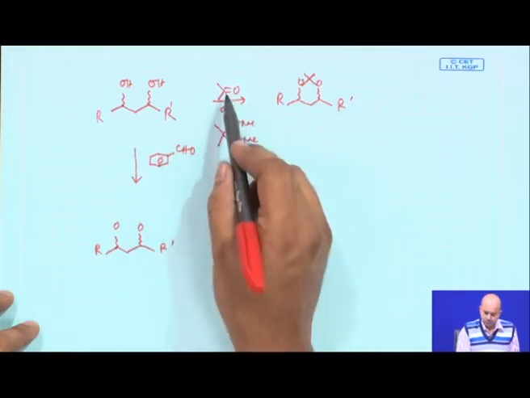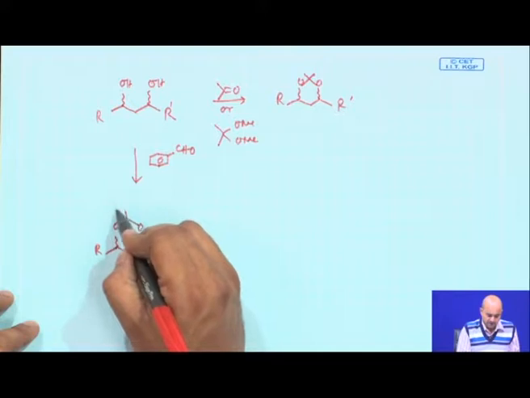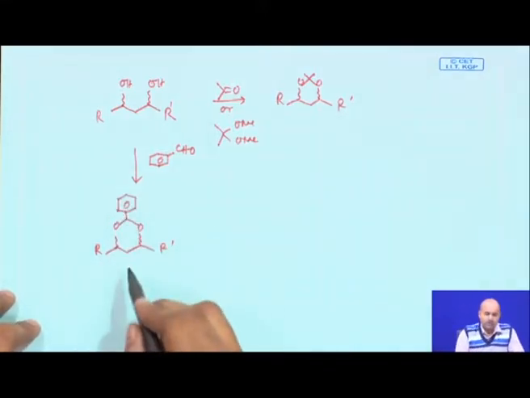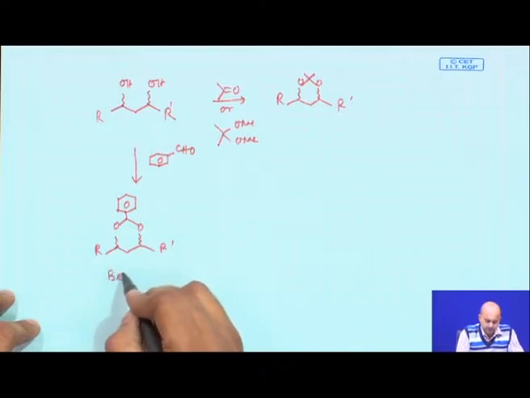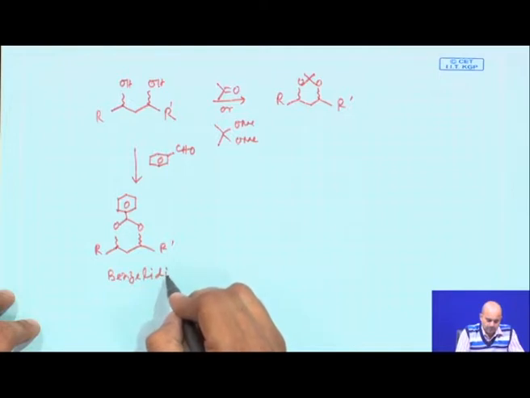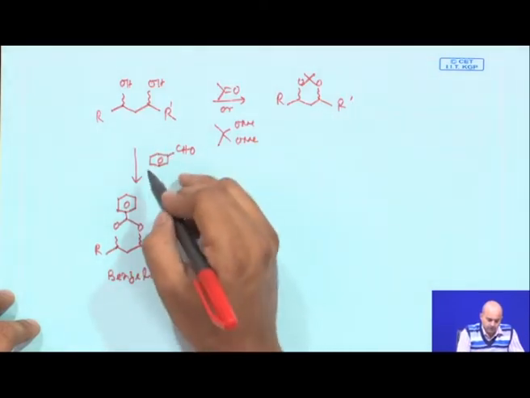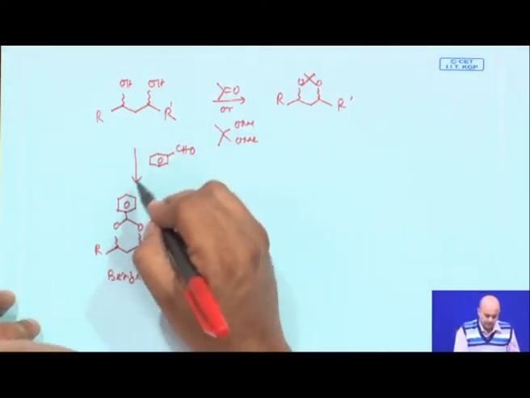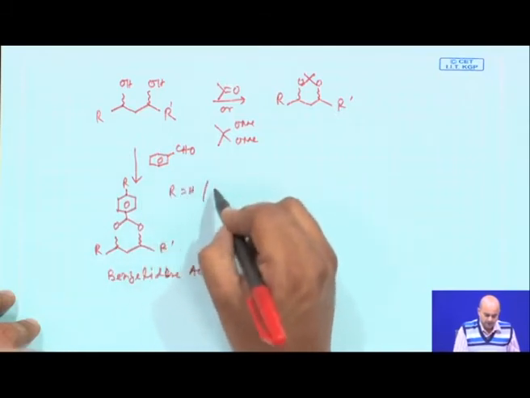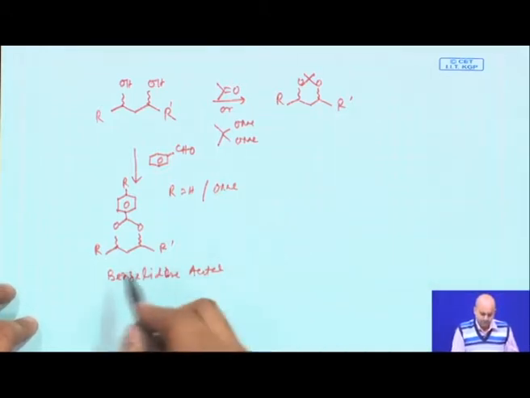Instead of acetone, you are now using benzaldehyde as the main reagent, and that is called a benzylidene acetal. Even you can take another aldehyde where R could be anything. If R is H, you get the benzylidene acetal. If R is O-methoxy, you get the para-methoxybenzylidene acetal.